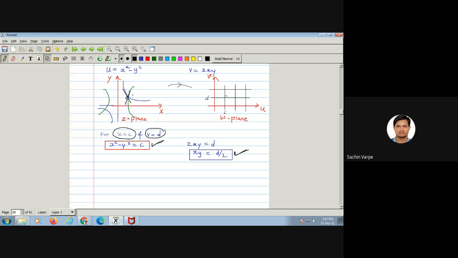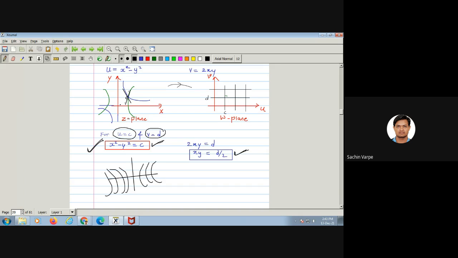U equal to C is a line parallel to the V axis, and all such vertical lines will map to this hyperbola. So there will be a chain of hyperbolas depending on C. Can you visualize this? The hyperbolas will be like this, all the rectangular hyperbolas.